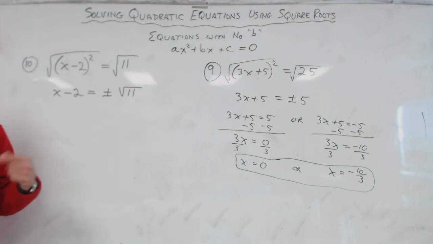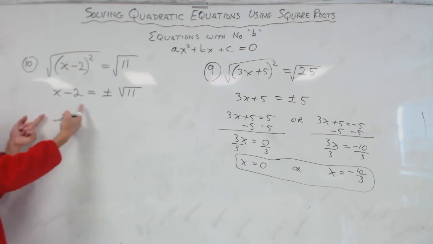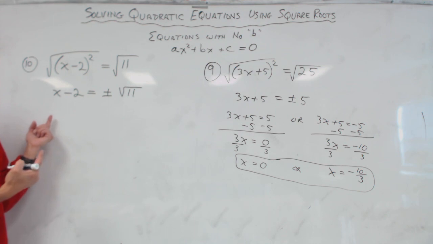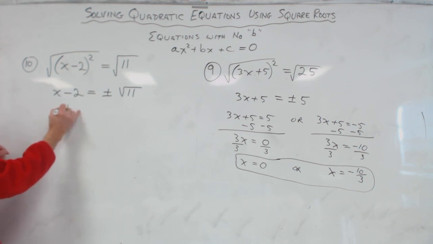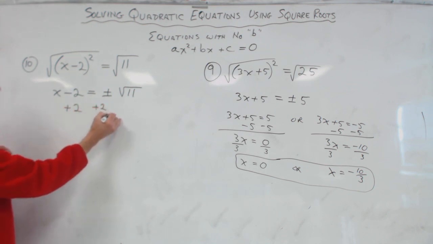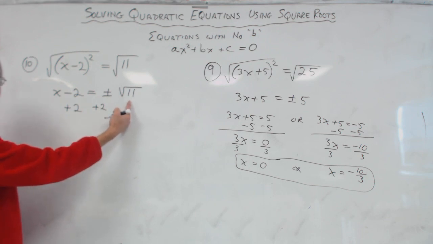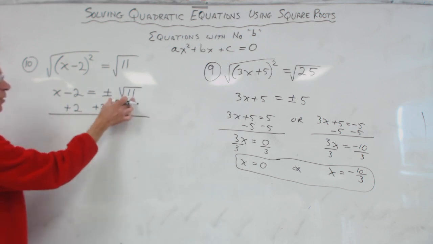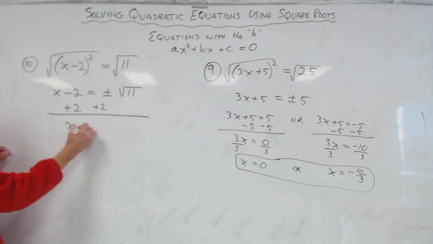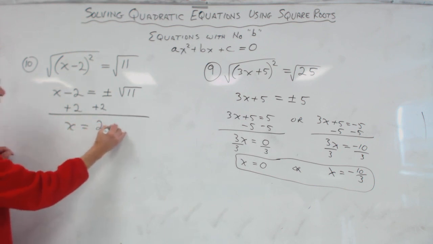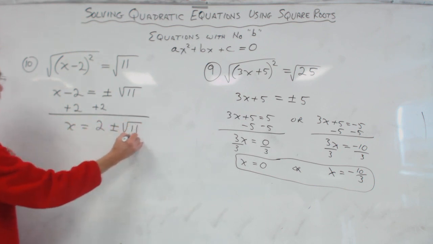And these are actually easier than the others, because what do I have to do now to get x equals? Add 2. If I add 2 to both sides, I can't combine it with the radical, so I just keep it: x = 2 plus or minus the square root of 11.